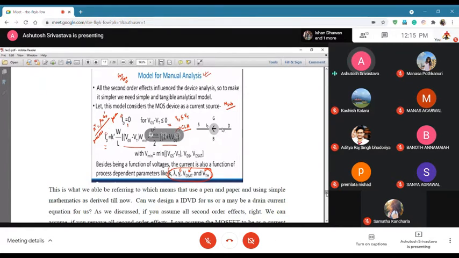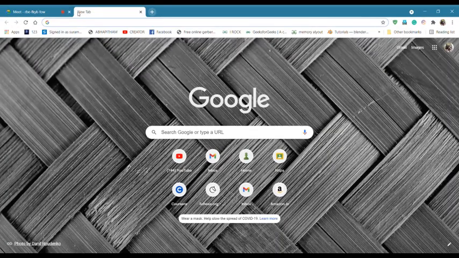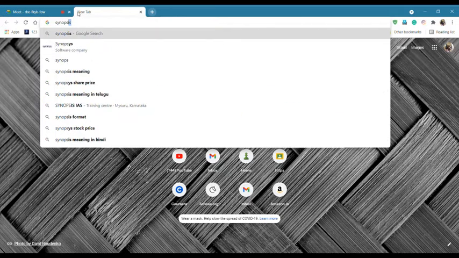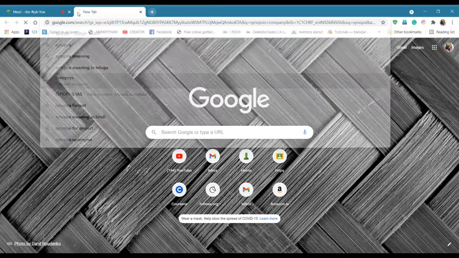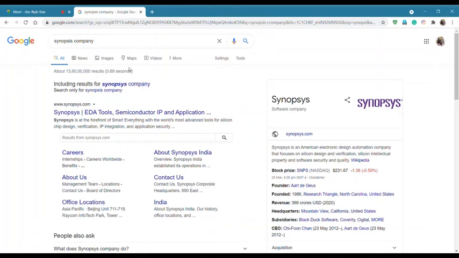And at the back end, they have all these things incorporated. Generally, many more phenomena are incorporated in the so-called BSIM models. So we shall not get into detail, but these are very important parameters, so you please note it down.